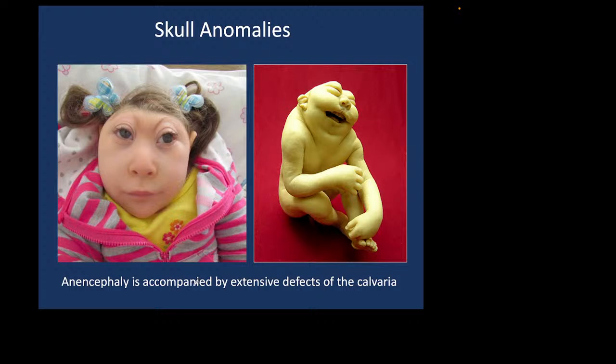It is accompanied by extensive defects of the calvaria, so there is no brain at all, and it is visible that the neurocranium is very small in comparison with the viscerocranium here. Usually the parietal bones are absent, and the frontal and occipital bones are underdeveloped.